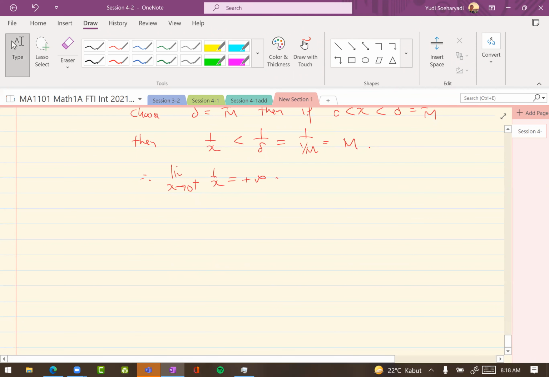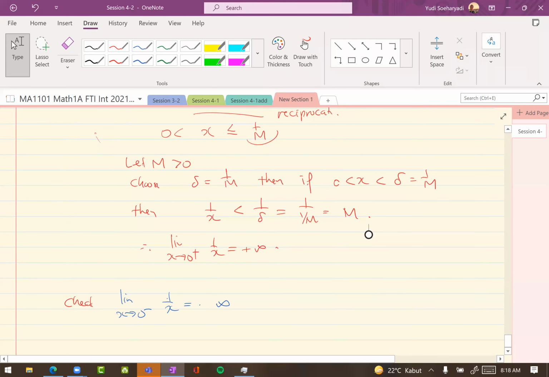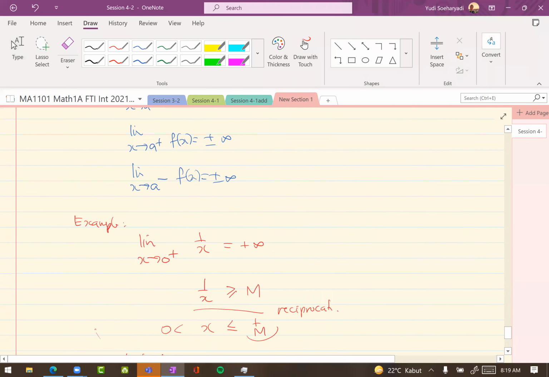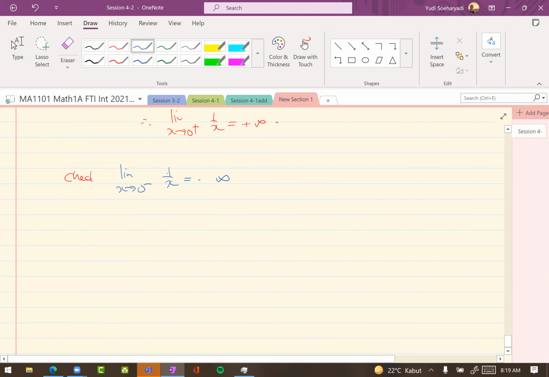On the other hand, you can check the limit from the left. You get infinity also, but negative. Okay, so the picture of 1 over x, now we get a complete picture of 1 over x.